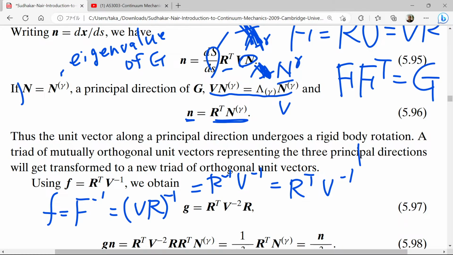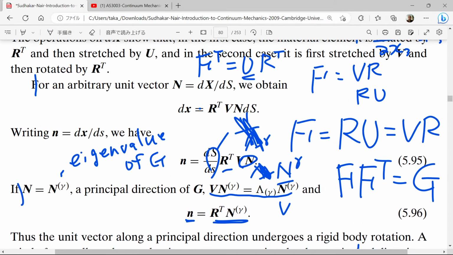So G is F transpose. I think G is FF transpose, right?